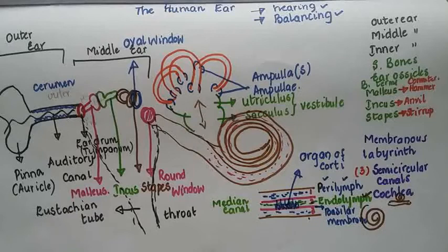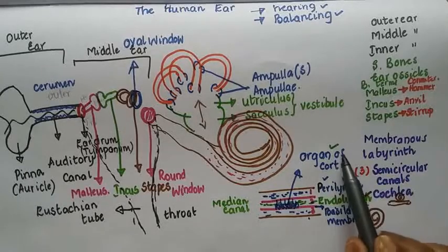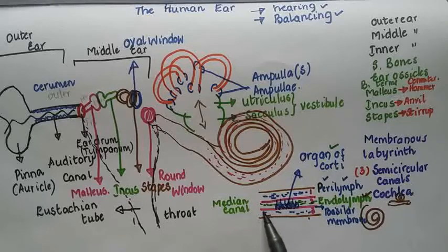So what is the meaning of organ of Corti? It's nothing but specialized sensory cells found on the basilar membrane of the median canal in the cochlea.